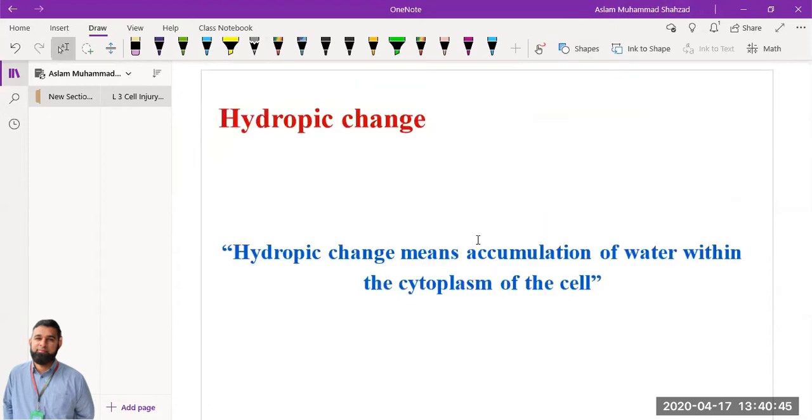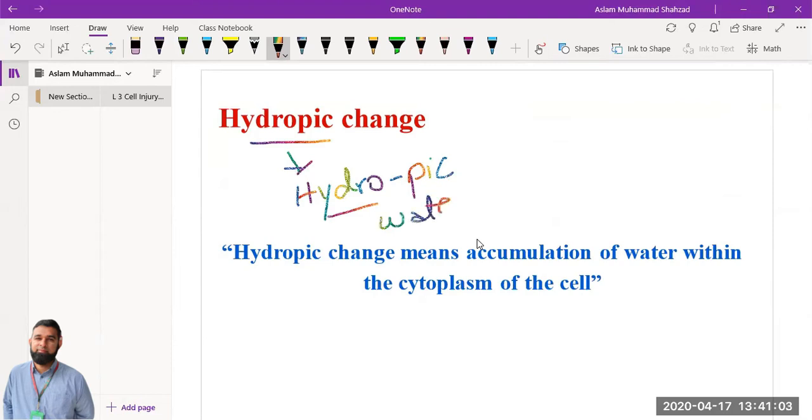Hydropic changes. If you see the name very closely, it comes from the word hydro, where hydro stands for water.